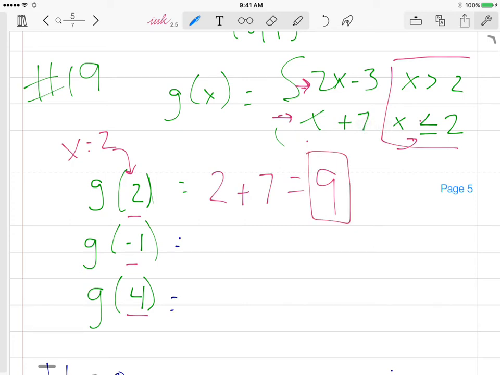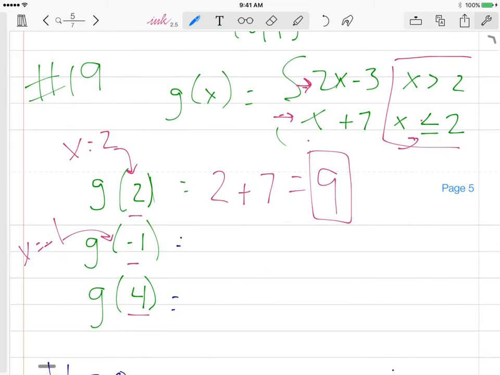The next one where x equals -1, that only works again in the bottom equation because the bottom equation is less than 2. The top one is greater than 2, and -1 is not greater than 2. So I can't use the first equation, but I can use the second, -1 plus 7, that gives me 6. So I'd put 6 into that answer box.